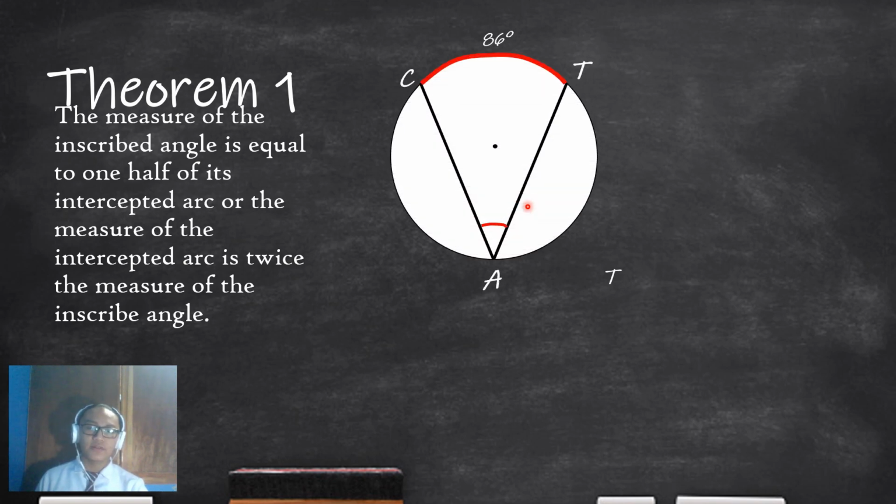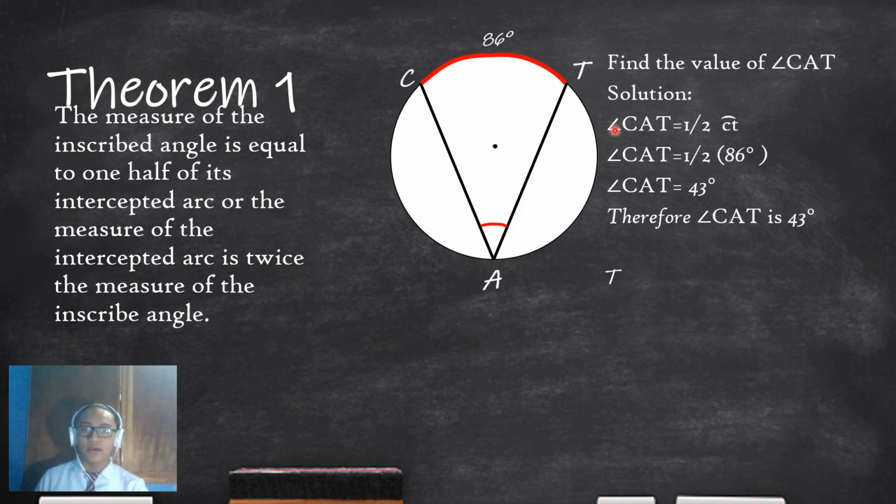In the example I will be showing, it's already given that arc CT is equal to 86 degrees, and angle CAT is our inscribed angle. We are to find the value of angle CAT.